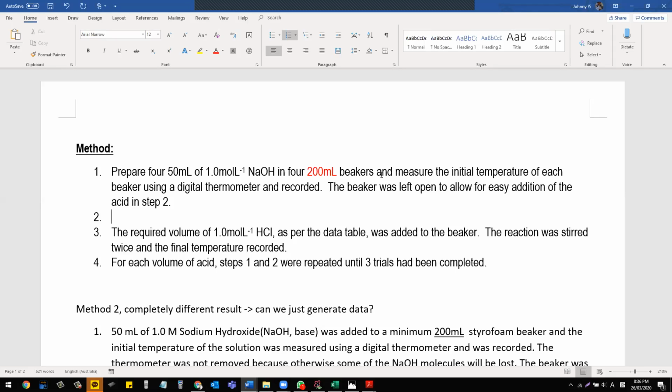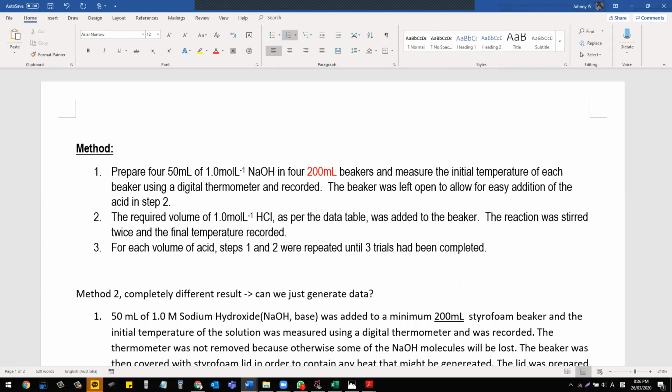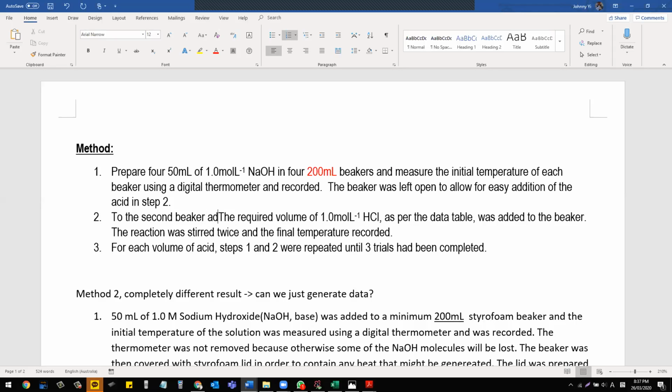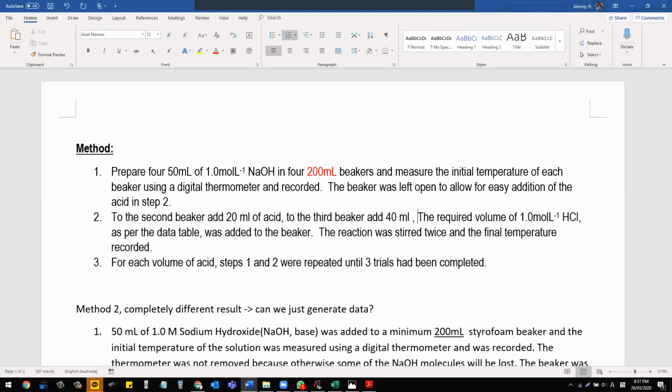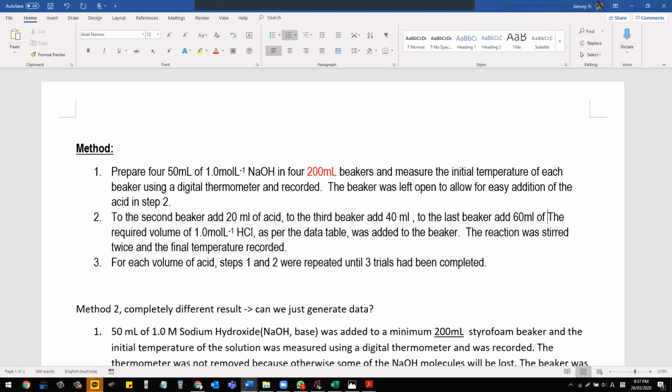And then in 3 steps, to the first beaker, to the second beaker, add 20 ml of acid. To the third beaker, add 40 ml. To the last beaker, add 60 ml, right?